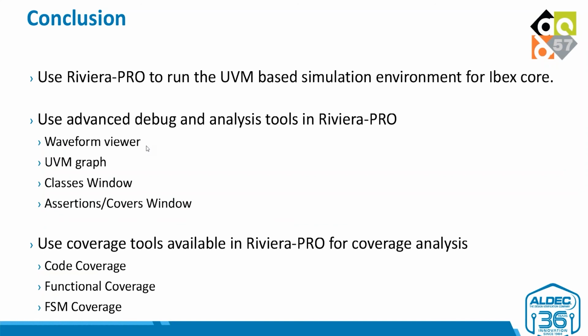You can look at your UVM graphs. You can look at the classes window for navigation. And you can also use the assertions and covers window to look at assertions from a single location.